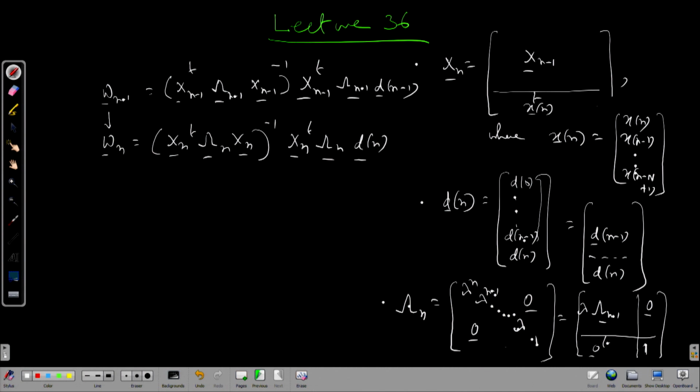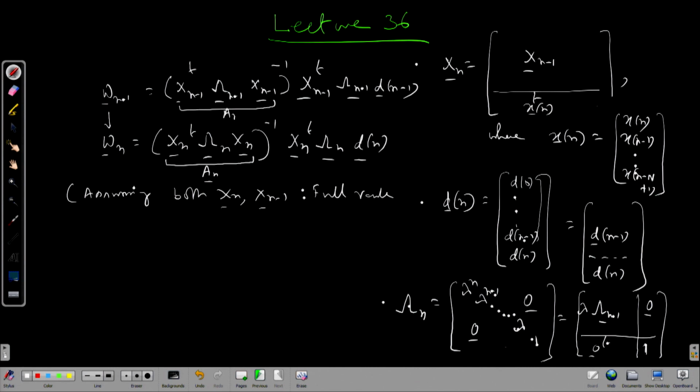And of course, we are assuming x n minus 1 is full rank, invertible, so that this is invertible. Let me call this product A n. So, this will be A n minus 1.